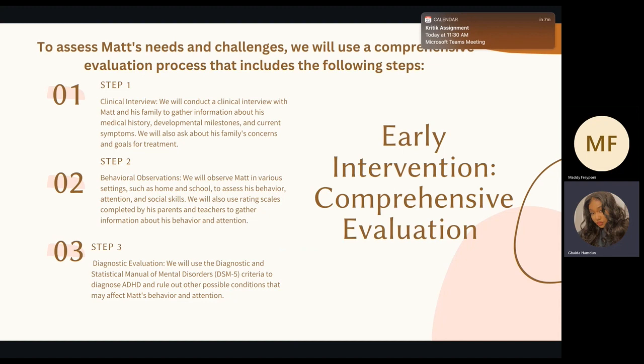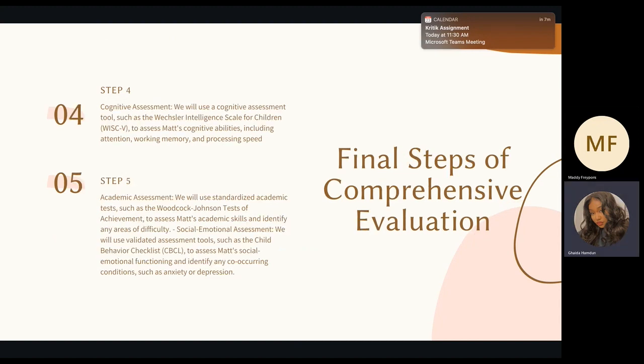And finally, we'll use the DSM-5 criteria to diagnose ADHD and rule out any other possible conditions that may affect Matt's behavior and attention. Then step number 4 is cognitive assessment, which is basically using the Wechsler Intelligence Scale for Children to assess Matt's cognitive abilities, including attention, working memory, and processing speed.